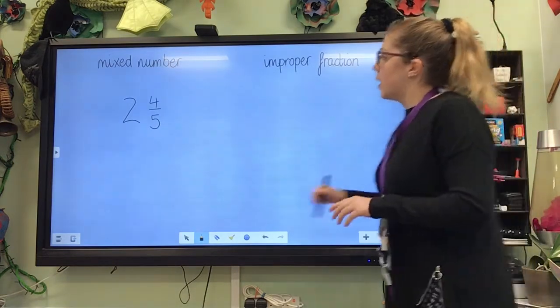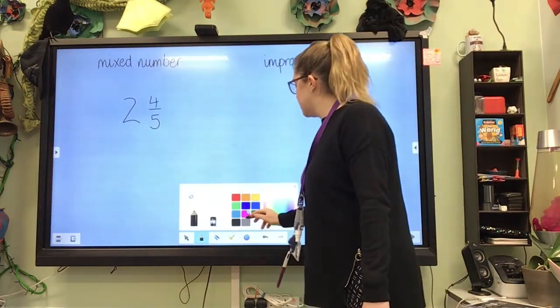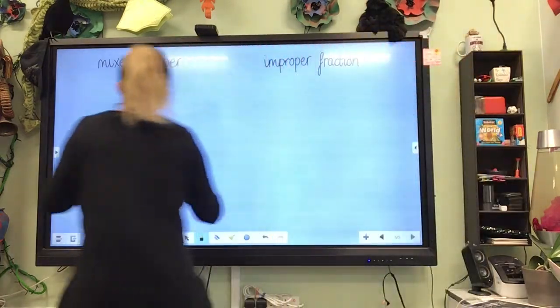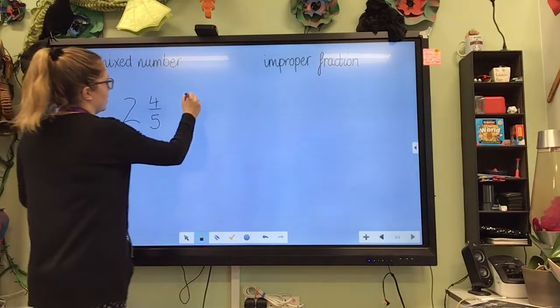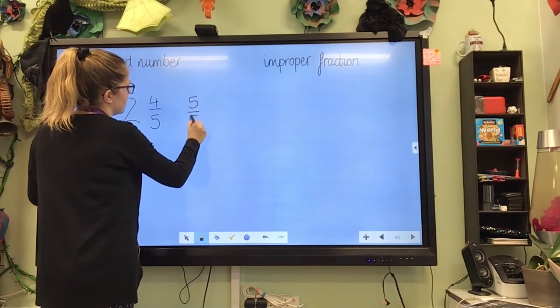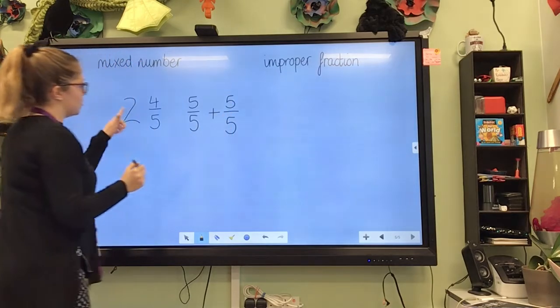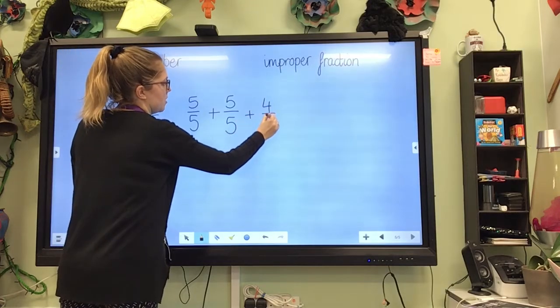So my mixed number is 2 4/5, just like we did last time. Or I'm going to show you 2 ways actually. So 2 4/5, we can think about it as 5/5 for one whole, add 5/5 for the second whole, plus the 4/5, which is the fraction left over.